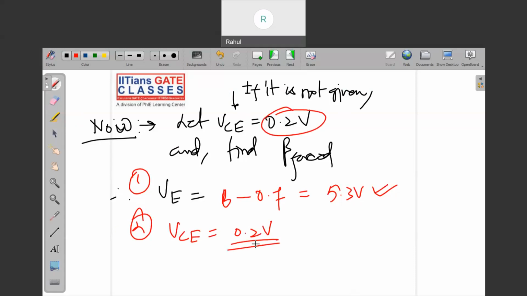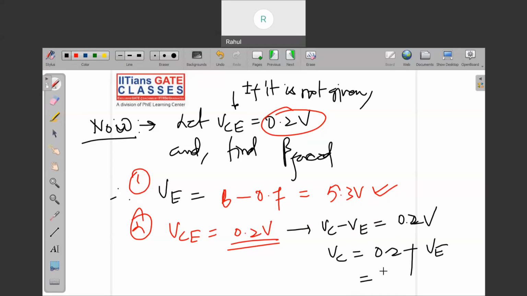So from here you can find VC, because VC minus VE is equal to 0.2. From here VC equals 0.2 plus VE, that is 5.5.